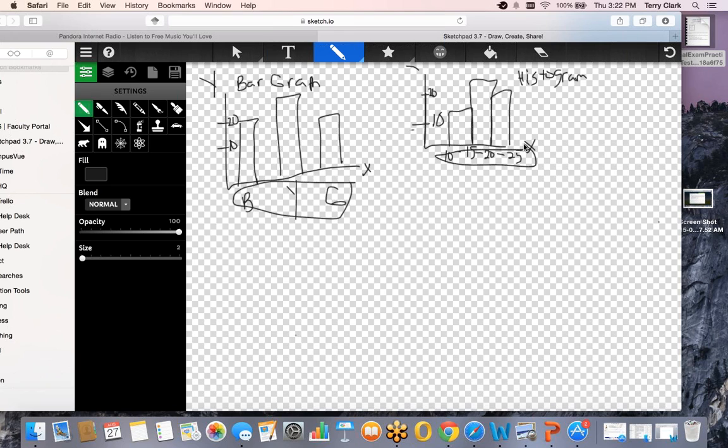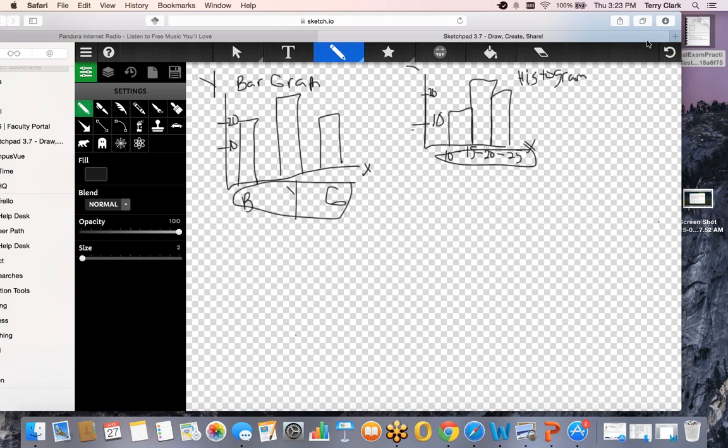Notice on a bar graph, you can use qualitative data. They don't even have to be numbers, they can be words. In a histogram, the information has to be numbers because we're talking about intervals. So that's the difference between a bar graph and a histogram.